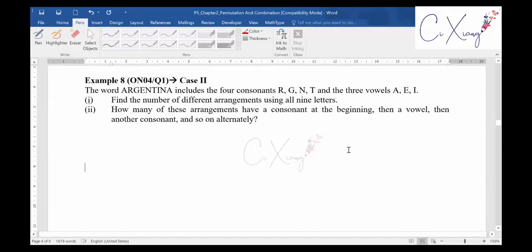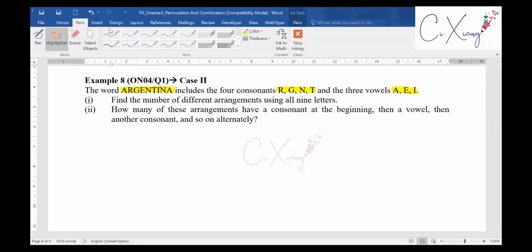Okay, so for example 8, what do we have here? The word Argentina includes the 4 consonants R, G, N, T, and 3 vowels A, E, I. So first, I want to calculate the different arrangements. So you know it's a permutation of all 9 letters.